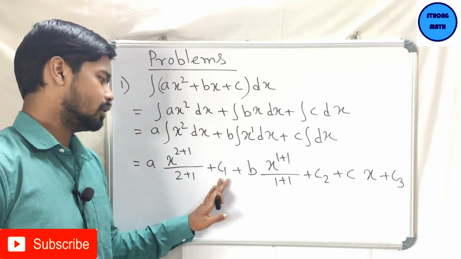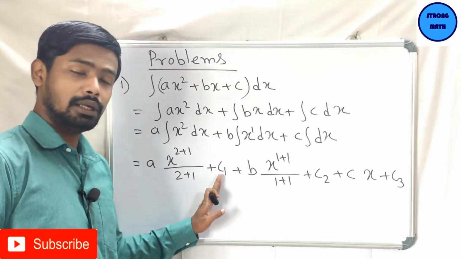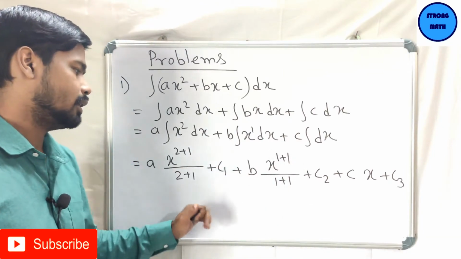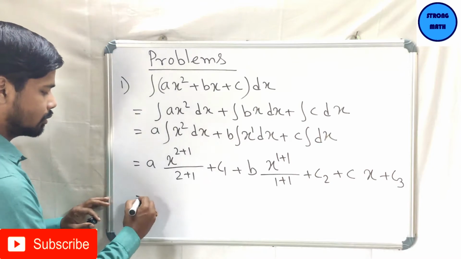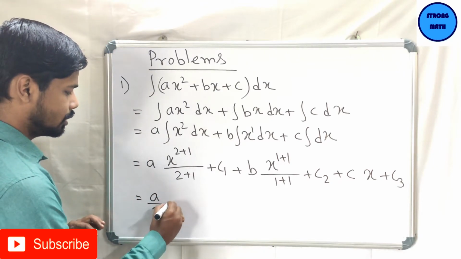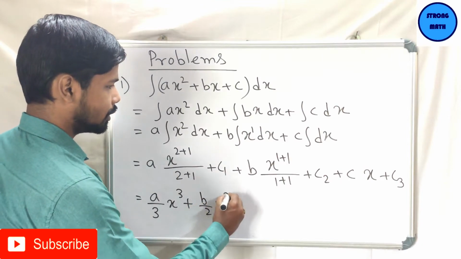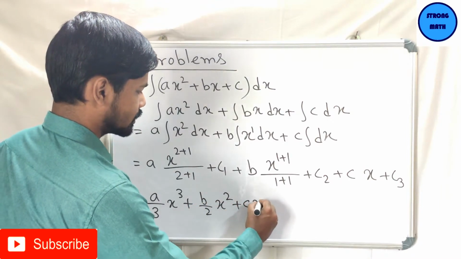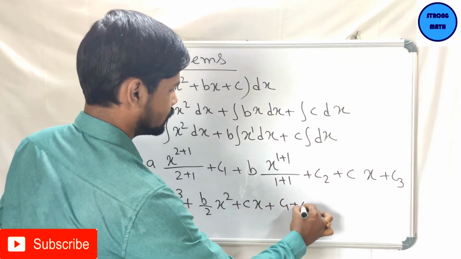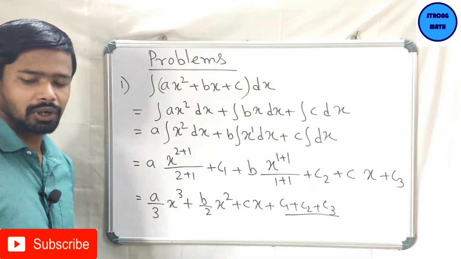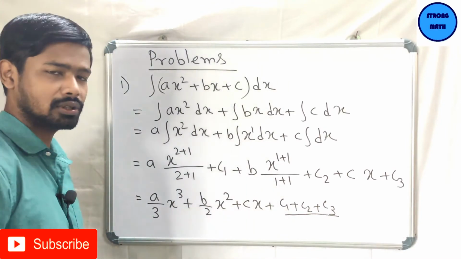Instead of writing the integrating constant each and every time, we may write a single constant. Okay, this equals a by 3 x cube plus b by 2 x square plus cx. Now look, c1 plus c2 plus c3 together we can take as another constant, because c1, c2, c3 are all constants.